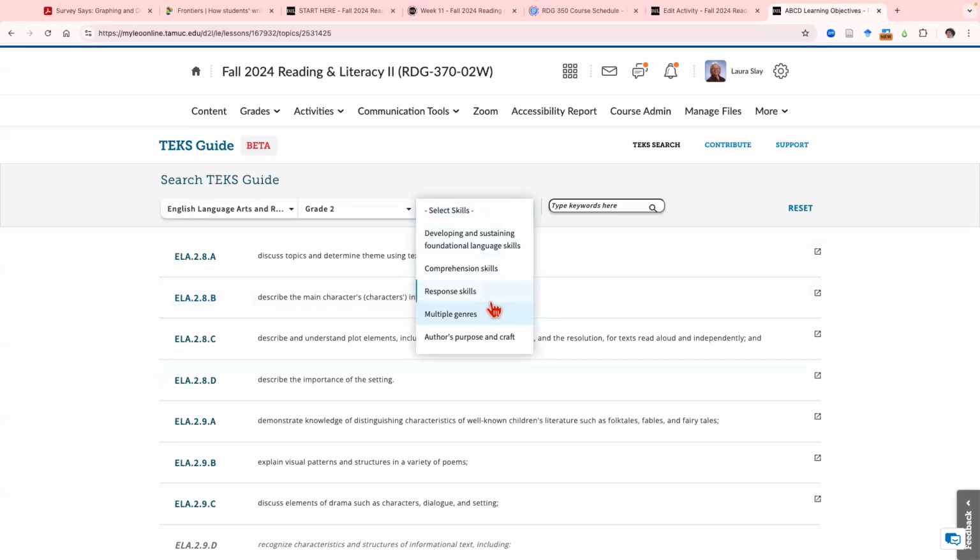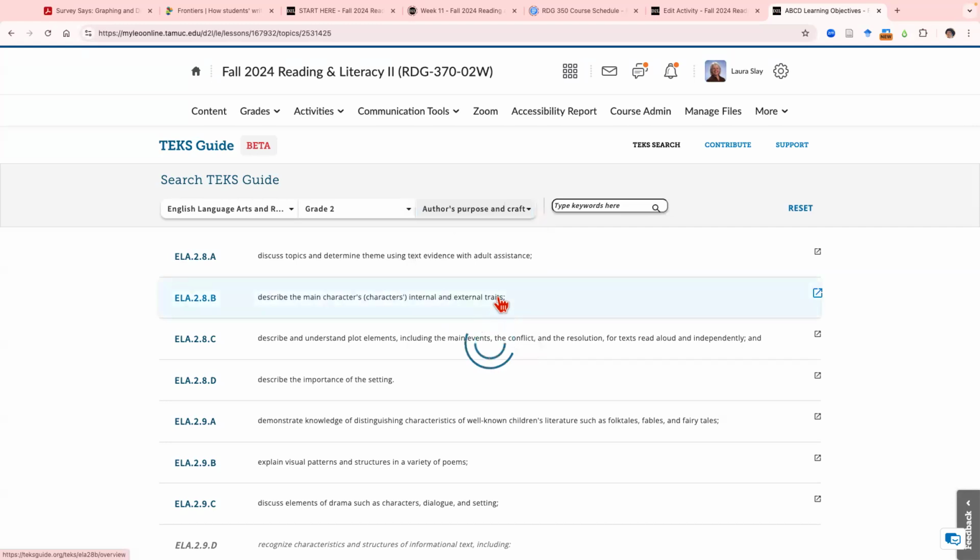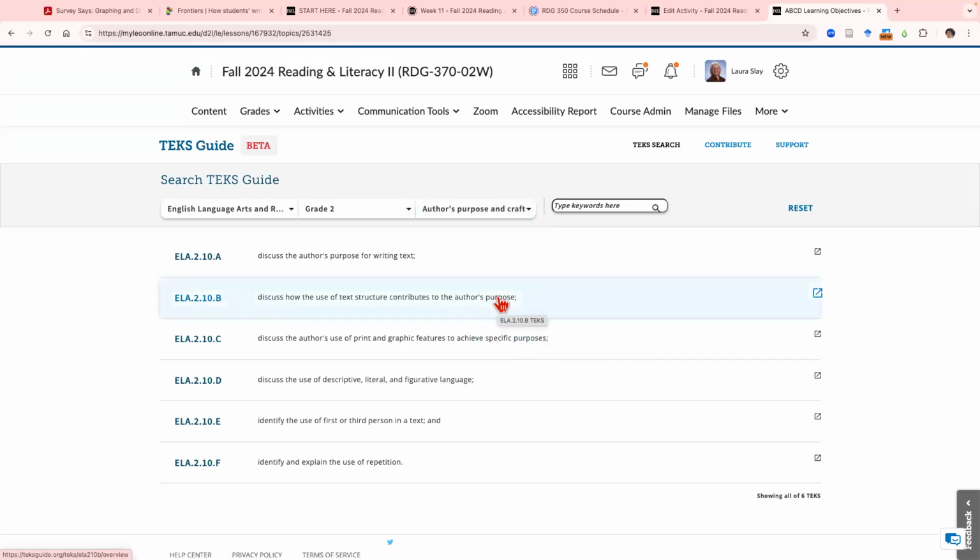Response skills sometimes can be used to motivate readers or writers, but we're going to focus on these three right here. So you also have author's purpose and craft. That's extremely important because you want to really focus on the concept of craft.